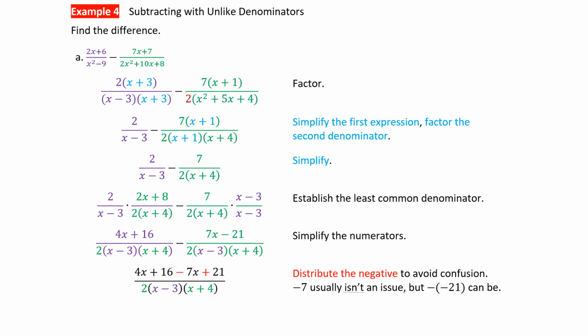When we see this fraction being subtracted with another fraction, it's almost never the case that anyone makes a mistake about minus 7x, but the 21 can be an issue. We're subtracting a negative 21, so we're in fact adding. Now we can combine like terms and see that we'll have negative 3x plus 37 over our denominator.